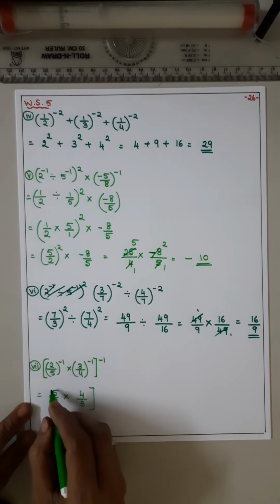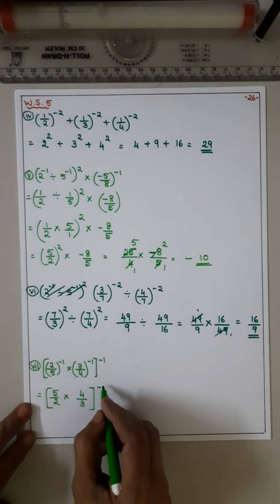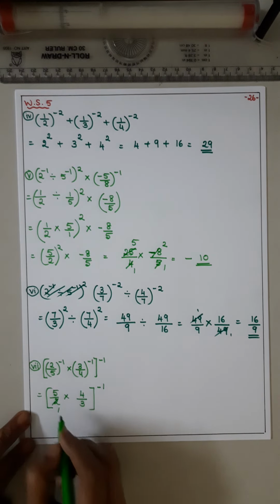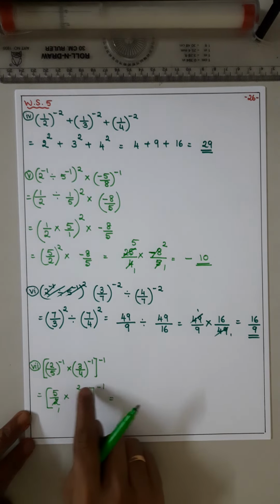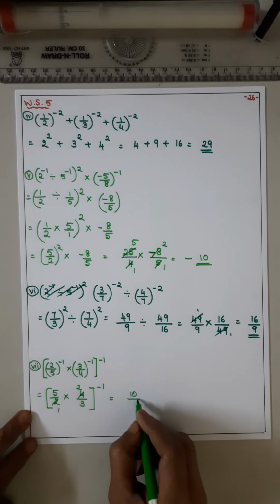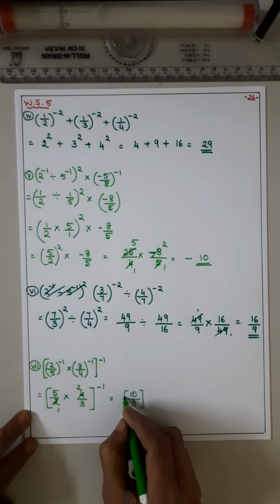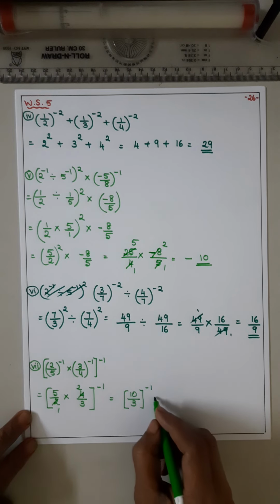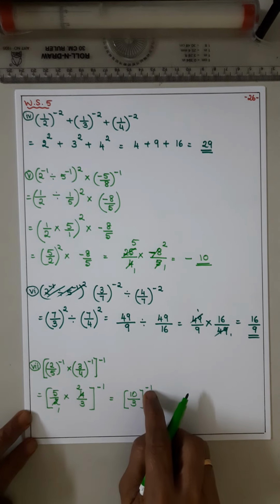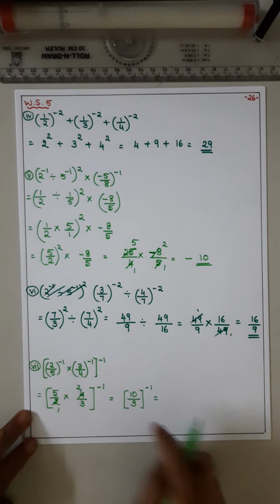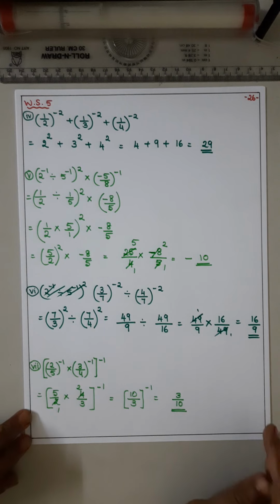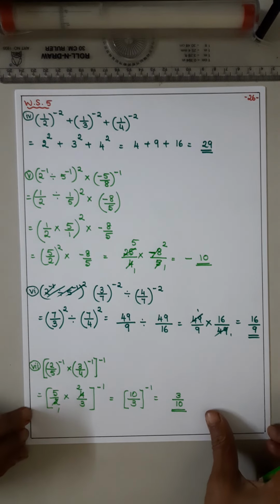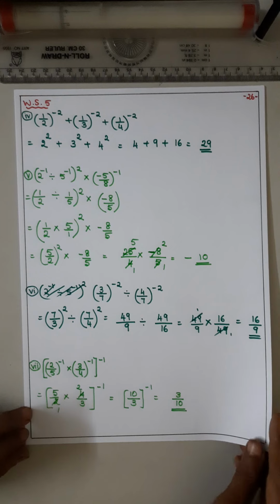The whole raised to -1. Now 2 1s are 2, 2 2s are. अभी आगे कटिंग नहीं है तो 5 2s are 10/3 the whole raised to -1. अभी नेगेटिव पावर है तो रेसिप्रोकल, सो ये बना 3/10 और पावर 1 नहीं लिखेंगे, तो आंसर मिला 3/10.